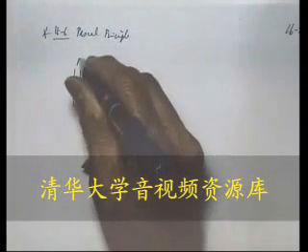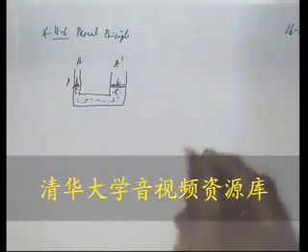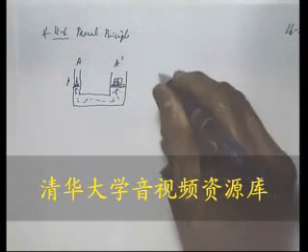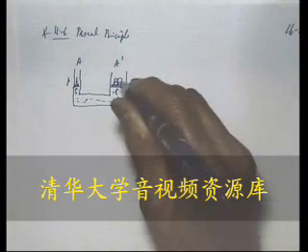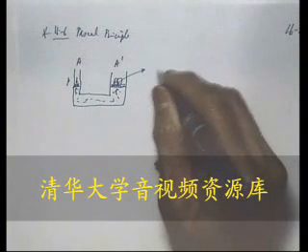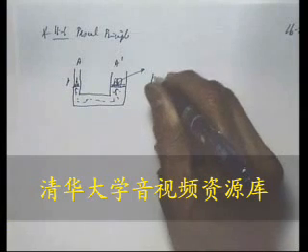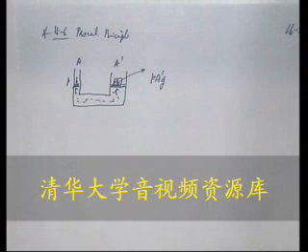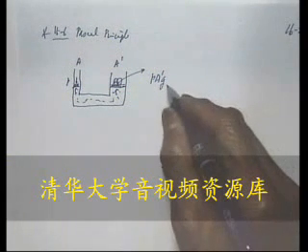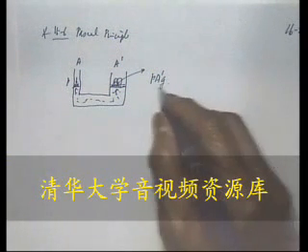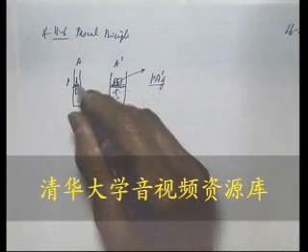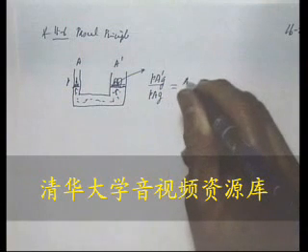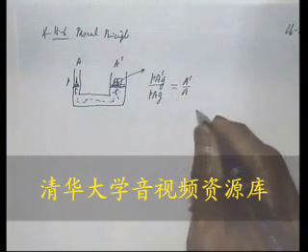But if the area here is A, the area here is A prime, then the total weight here, this weight, is P A prime. If A prime is very large, the total force here is PA, and that ratio is equal to A prime over A. Sorry, no g.